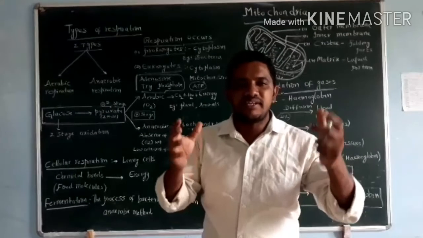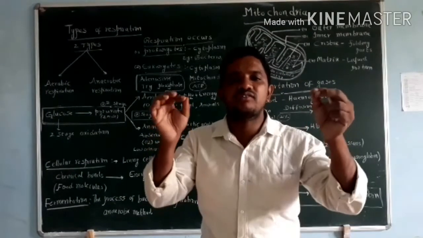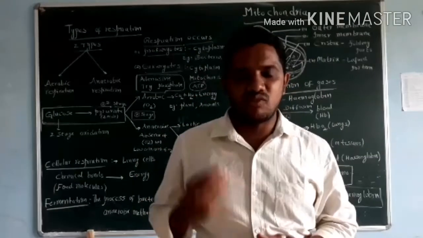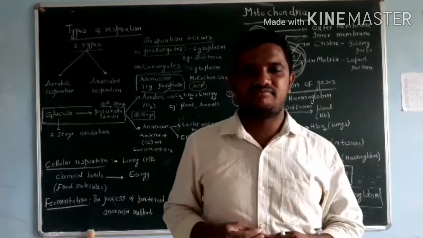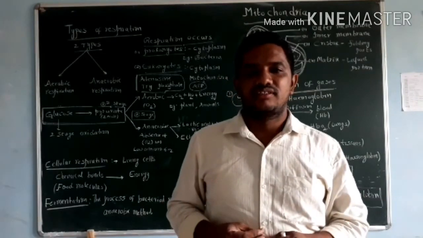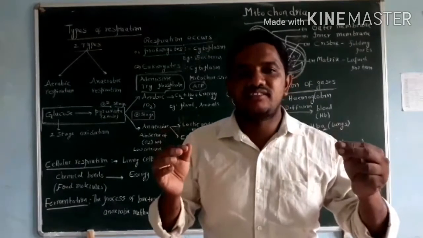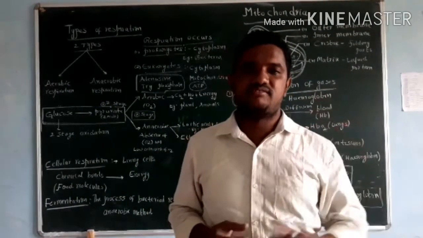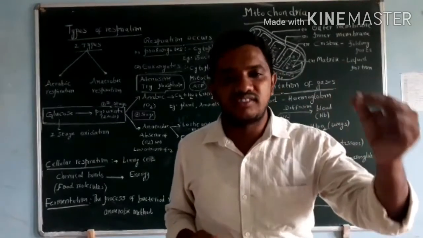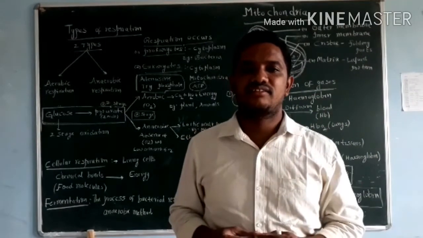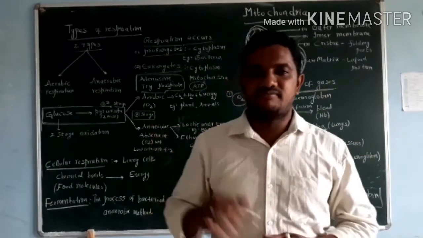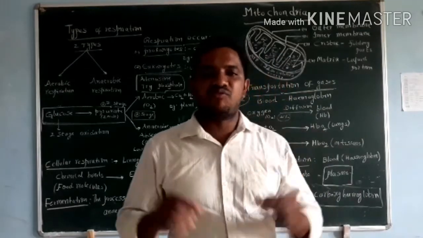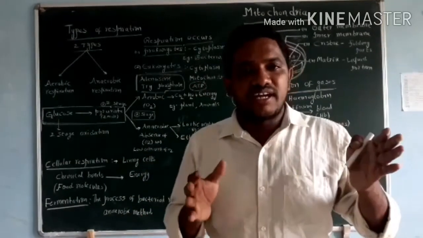Second one is anaerobic respiration. The respiration that takes place in the absence of oxygen or low amount of oxygen is called anaerobic respiration. That is the definitions of aerobic and anaerobic respirations.